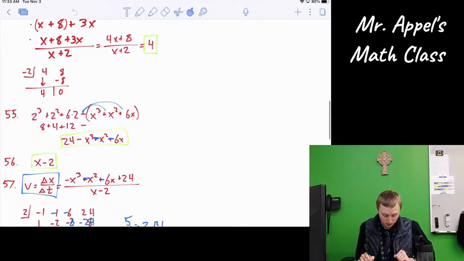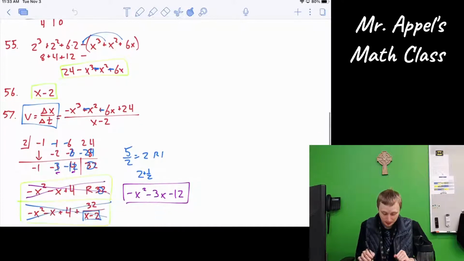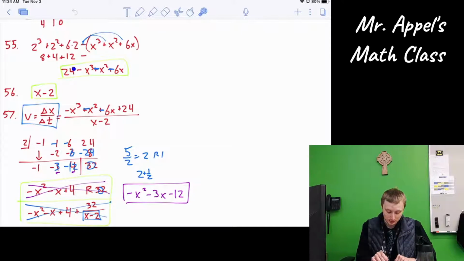So that will look like something here. Plug in 2, you get 24. Plug in x, you get this. And then for the time, it's just x minus 2. So the speed then is the change in distance over time. So divide those two. You've got a division of polynomials.